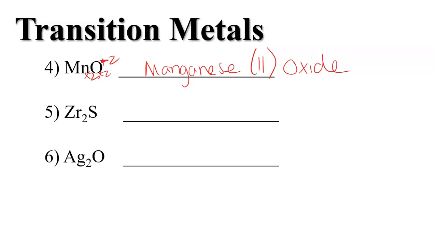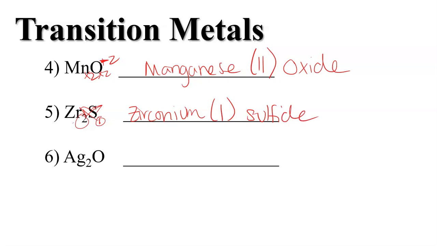All right. Next we have zirconium with sulfur, zirconium sulfide. All right, let's uncrisscross these charges. This was a 1. So we would write zirconium 1 sulfide.